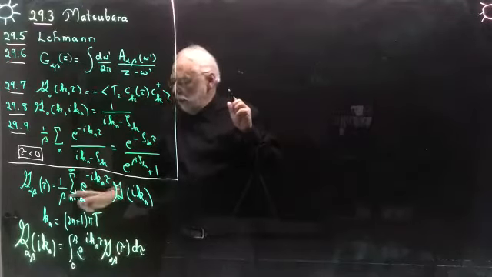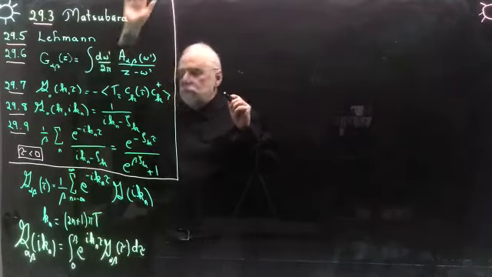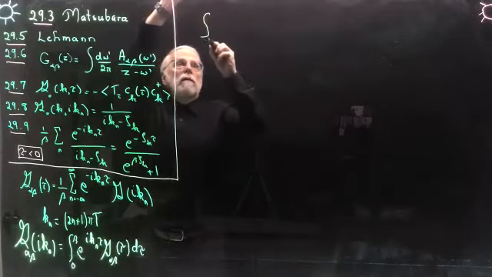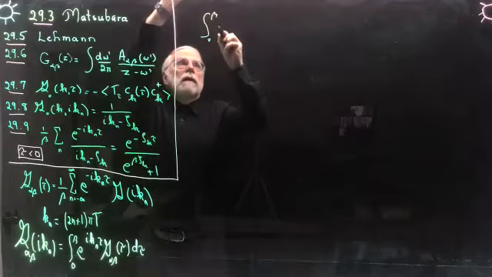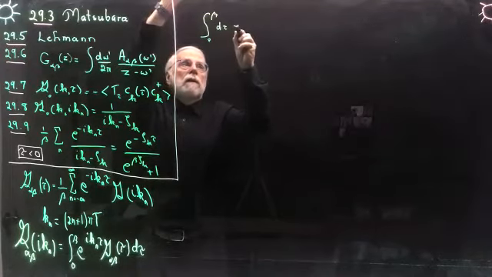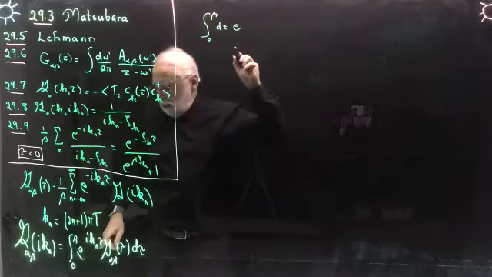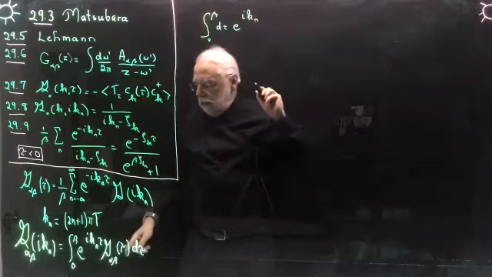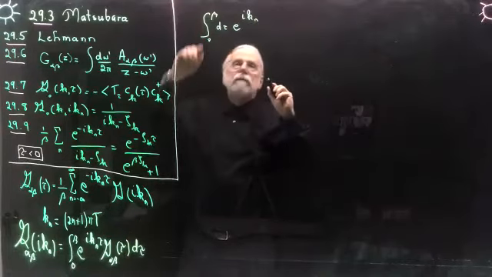how we work out this quantity. So if I do the integral from 0 to beta d tau e to the i k_n tau, and now I have G of tau.